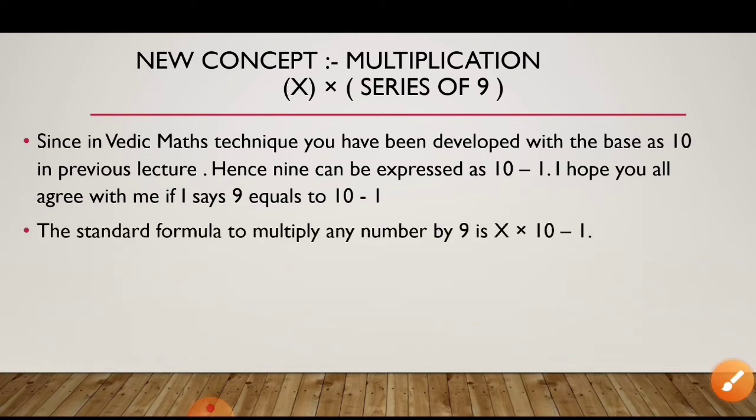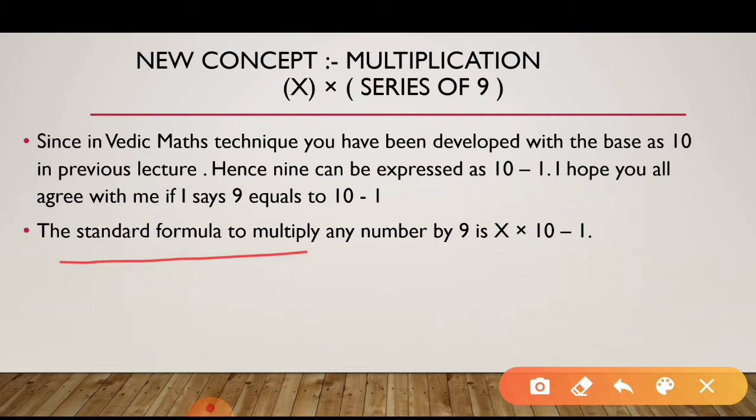Now, in the previous lecture you learned that a series of 9s has a standard formula, and these sums also have a standard formula. The standard formula is how to multiply any number by 9.